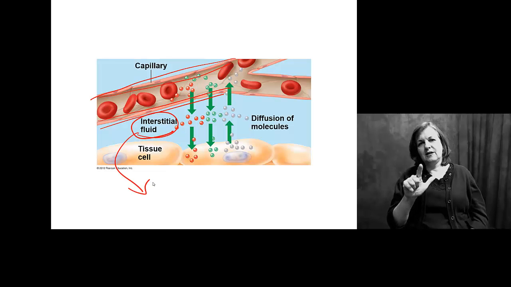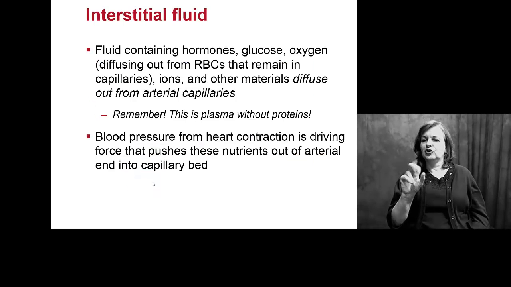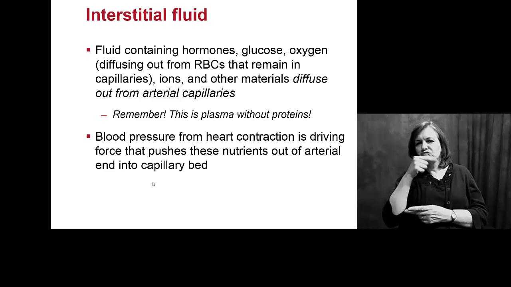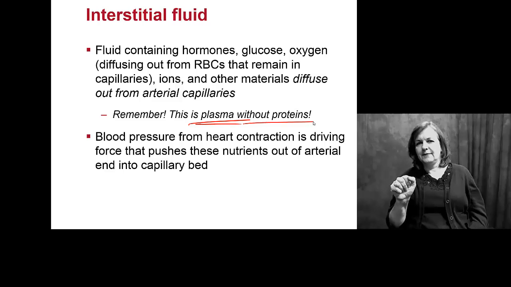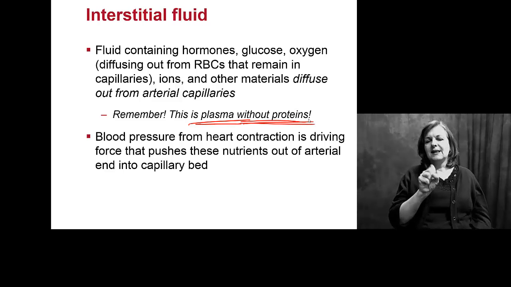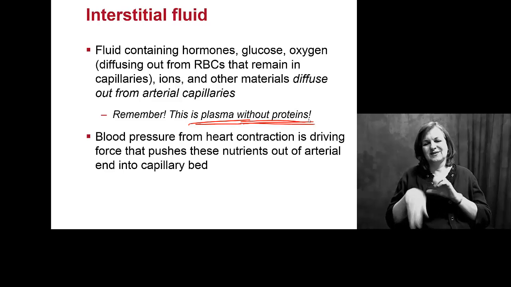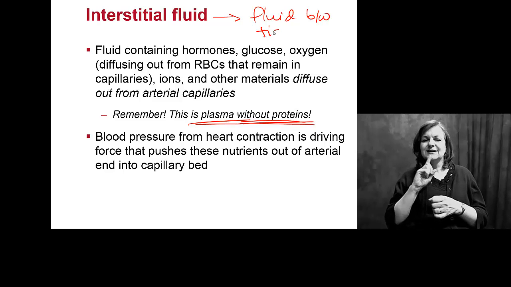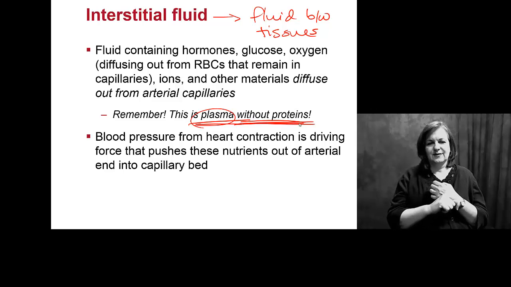We said before that interstitial fluid is fluid that contains hormones and glucose and so on that's forced out of plasma. So this is plasma without proteins. It's forced out of the plasma of the blood and into the tissue spaces. So interstitial fluid is fluid between the tissues. Its source is plasma from the blood, just without the proteins.